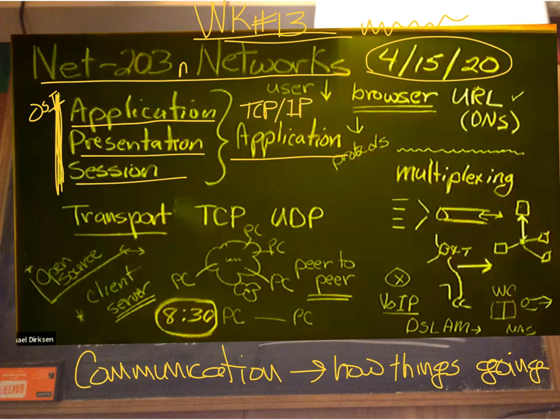But it's all of these things. The user communicates, for example, a browser, to communicate to a network. They probably want to go to the internet, and they use a URL. So there are all these protocols that know how to interpret this stuff.